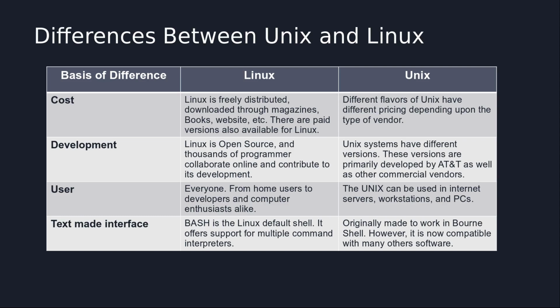For Linux, it is Bash, and it's the default shell. It offers support for multiple command interpreters, whereas Unix was originally made to work in the Bourne shell, not Jason Bourne. However, it is now compatible with many other shells.